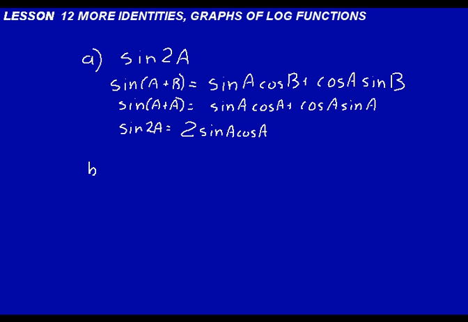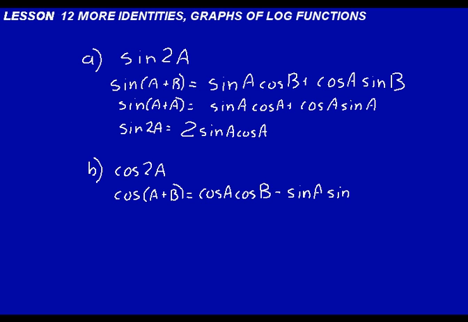Let's do another problem. Let's develop an identity for cosine 2A. So we think about our key identities. Cosine of A plus B is what we would need here. And so that's going to be equal to cosine A cosine B minus sine A sine B. Now think about that.